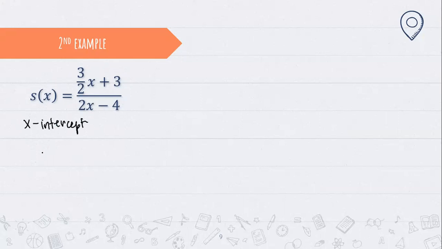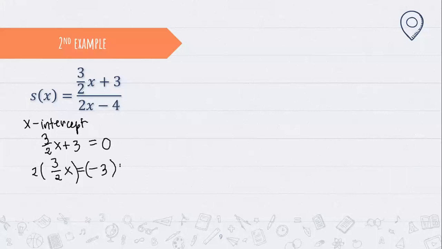So for our x-intercept, all we have to do is to equate the numerator to 0. So that would be 3 over 2x plus 3 equals 0. So simplifying further, we have 3 over 2x is equal to negative 3. Tapos, multiply both sides by 2 para ma-cancel natin yung denominator ng x.